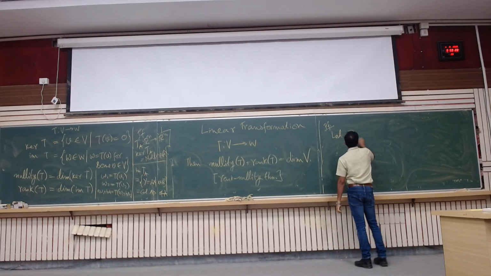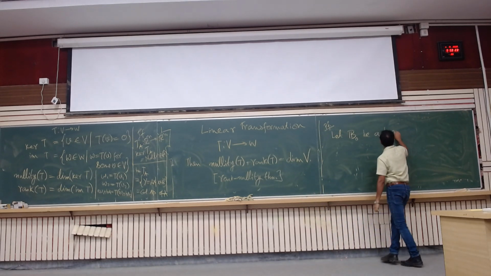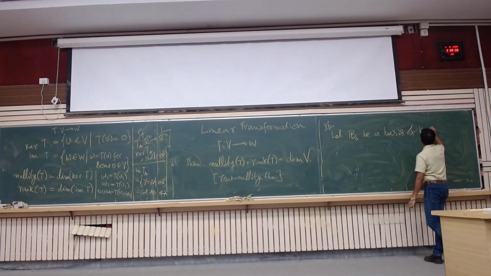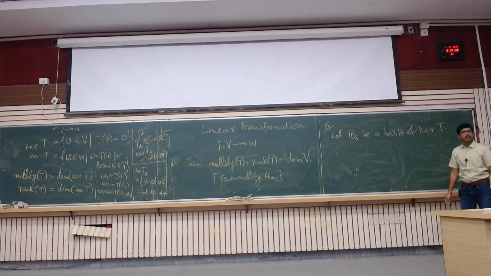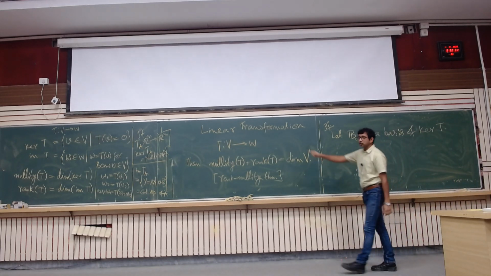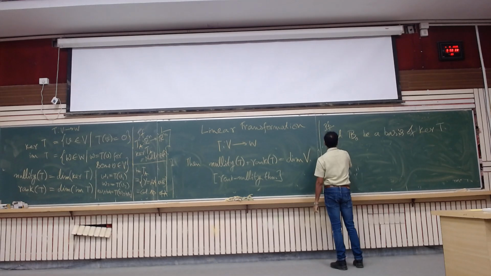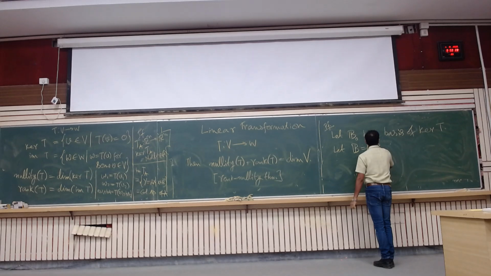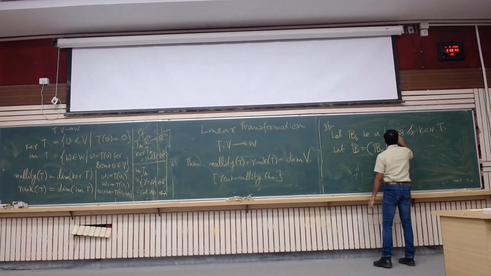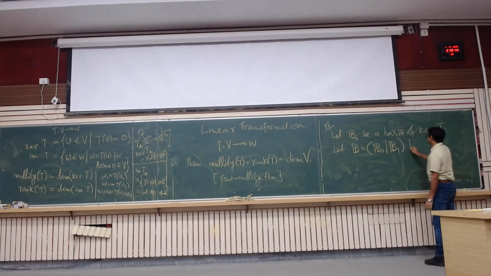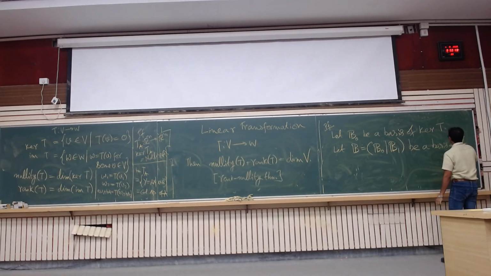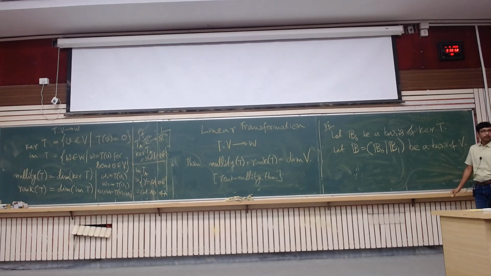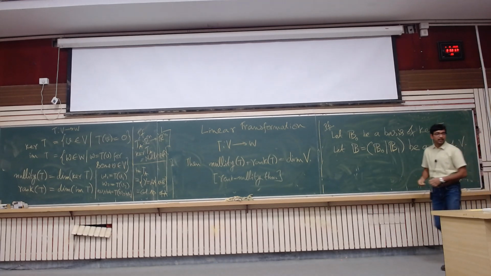Let B0 be a basis of the kernel of T. We extend it to a full basis of V. Let B, which is an extension of B0 by appending some more vectors B1, be a basis of V. Shivam, please follow the proof, because this technique we will use again and again later.